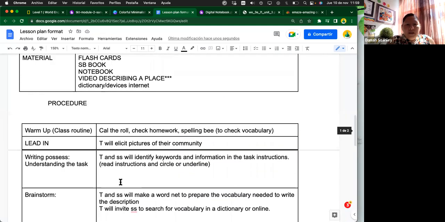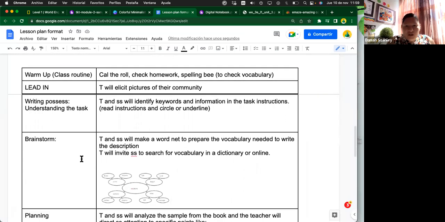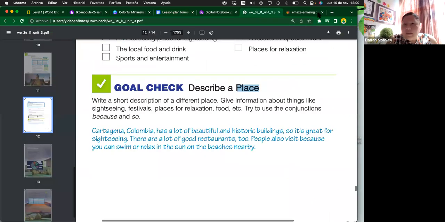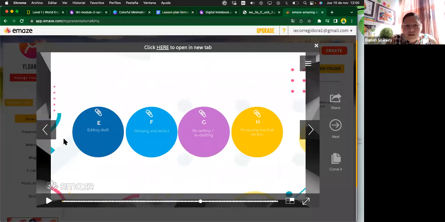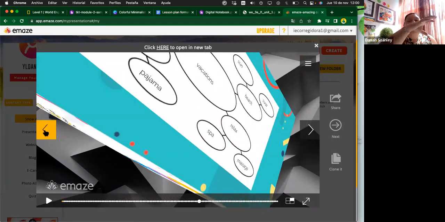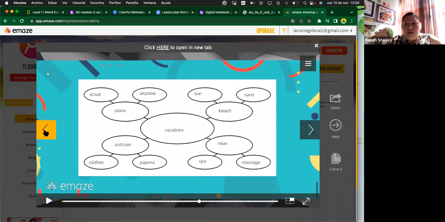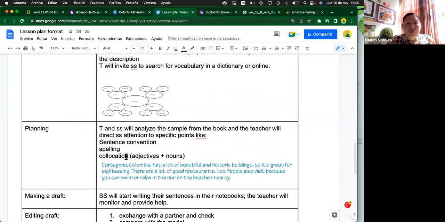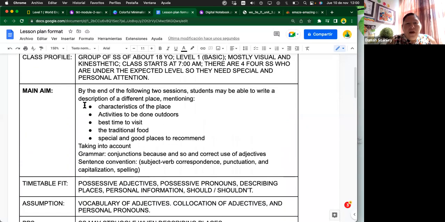Entonces, these are the different stages in which I divided this specific class that was about writing. I consider that if I use this writing process, the students are going step by step in a very easy and guided way in order to achieve this goal.